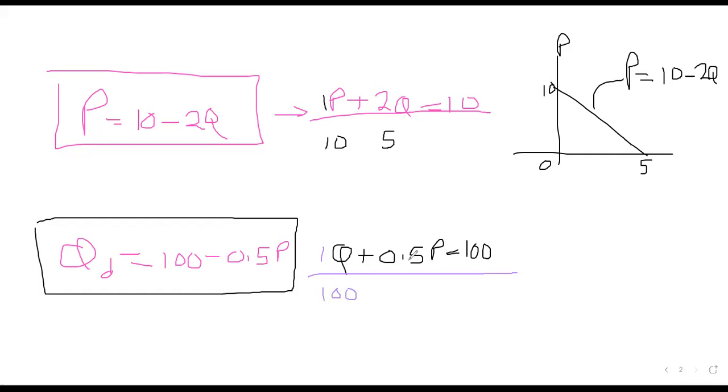1 into 100 is 100. 0.5 into 100 is 200. We're going to cut the P at 200 and the Q at 100. So it is downsloping.